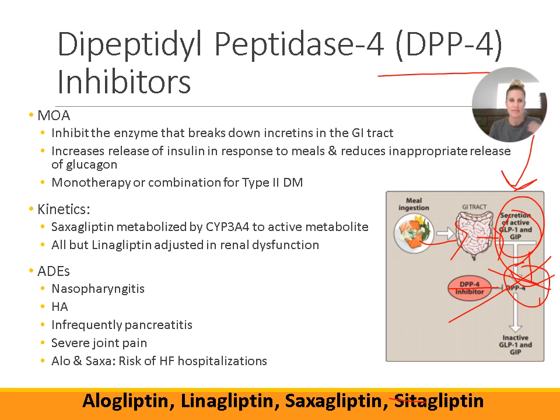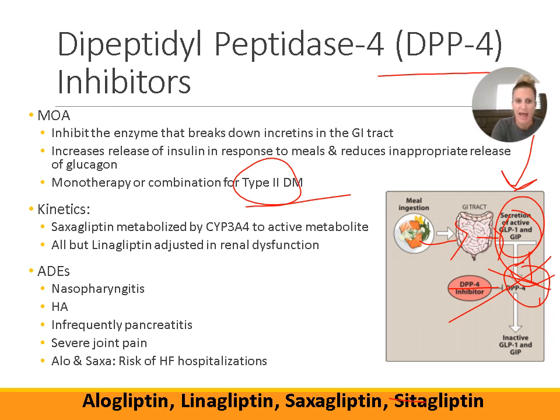Overall, by inhibiting the dipeptidyl peptidase 4 and improving the activity of GLP-1, we see an increased release of insulin in response to meals, and we see decreased inappropriate release of glucagon. Which means that would decrease the inappropriate release of glucose from the liver. They can be used as monotherapy on their own, or again, we can see them used with the drugs I just mentioned previously for type 2 diabetes.